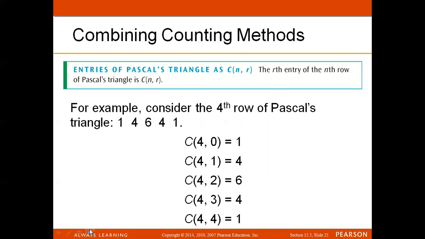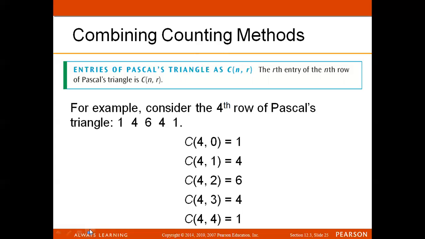Entries of Pascal's triangle as combinations n choose r. The rth entry of the nth row of Pascal's triangle is the combination n choose r. For example, consider the fourth row of Pascal's triangle, 1, 4, 6, 4, 1. As we listed out before, the combination of 4 choose 0 was 1.